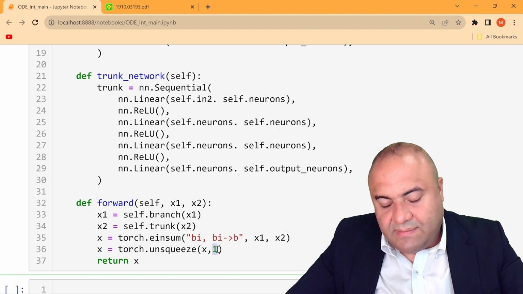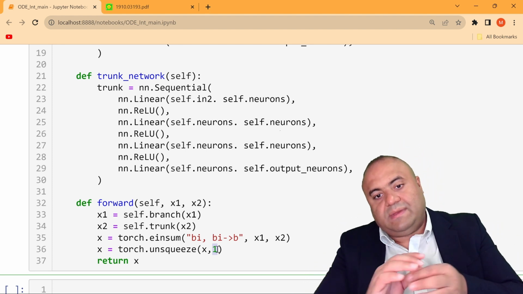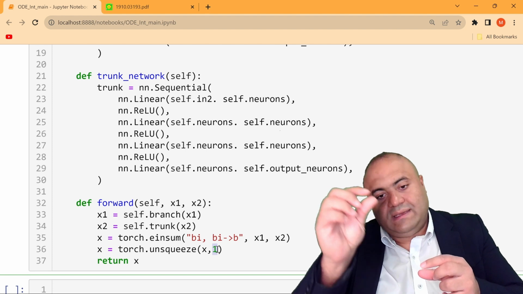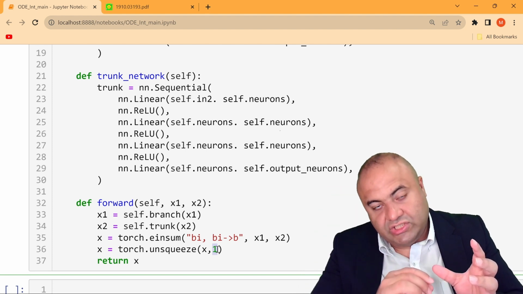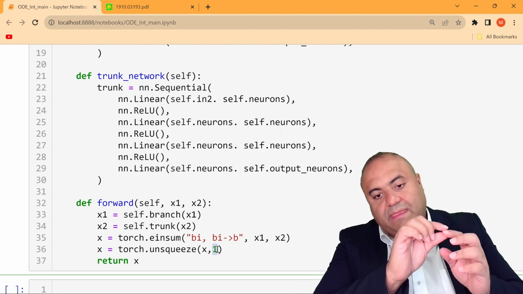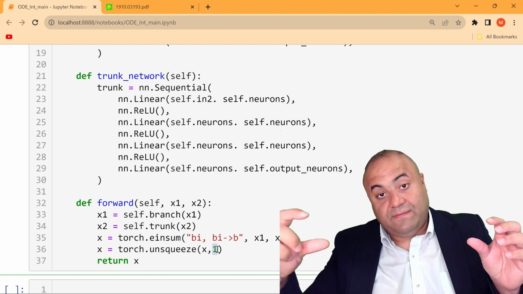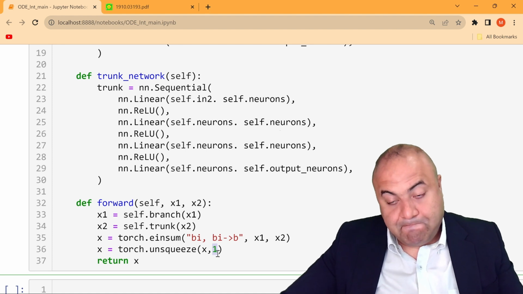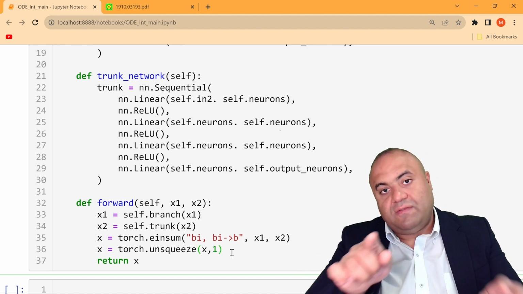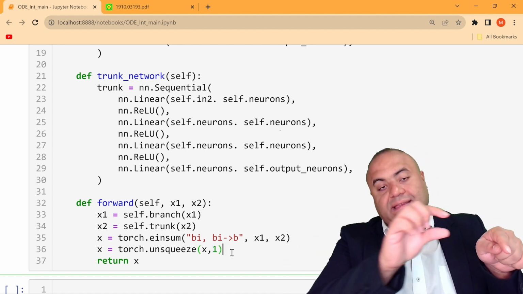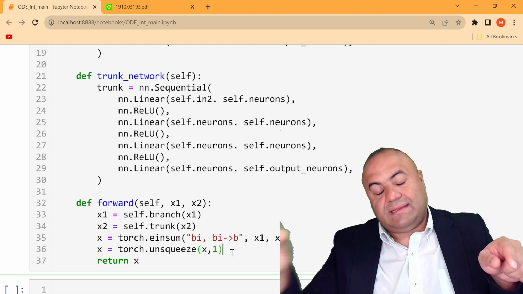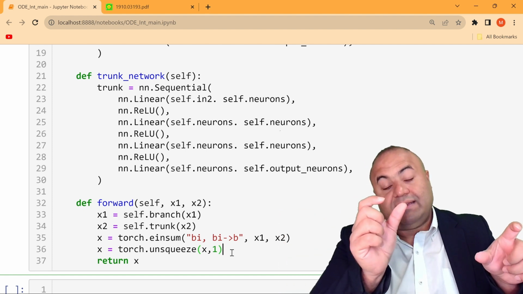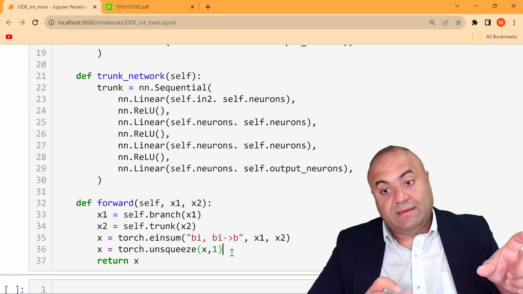This is just unsqueezing: the shape has to be changed from a whole set of values that looks like a string into simply one by one values.